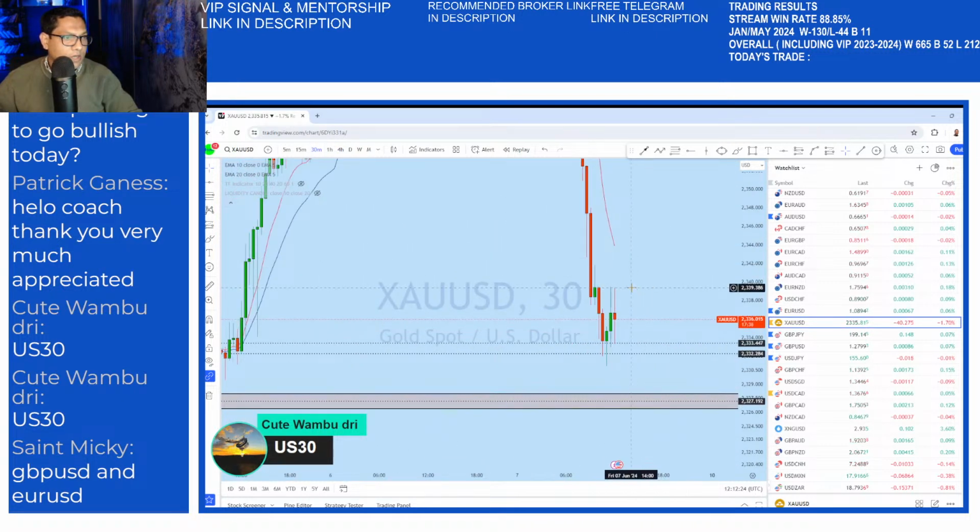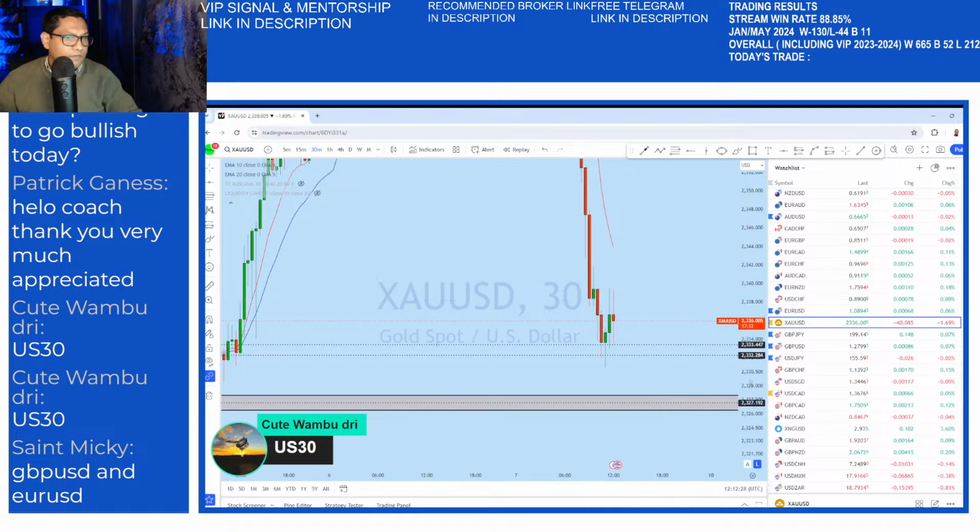Okay, there is a doji, back to back two dojis here.